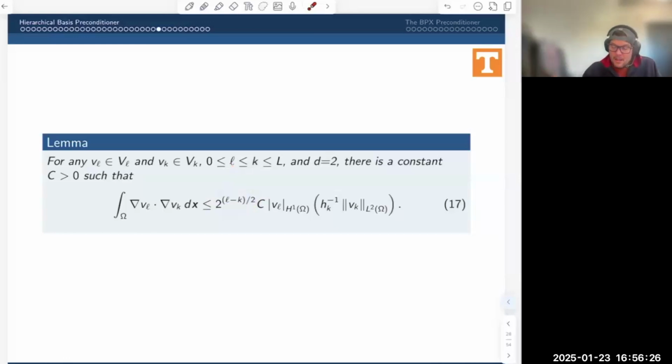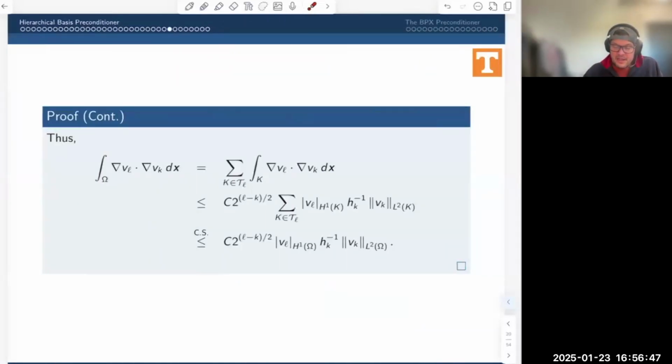Okay. So now what is this guy here? Well, I'm not going to get into the gory details of this, but this can be thought of as like an H1 semi-norm for VK, but don't worry about it otherwise. So this is what's called a strengthened Cauchy-Schwarz inequality.